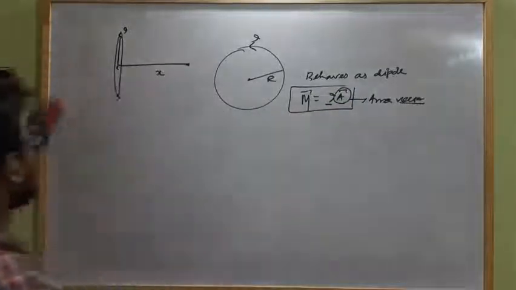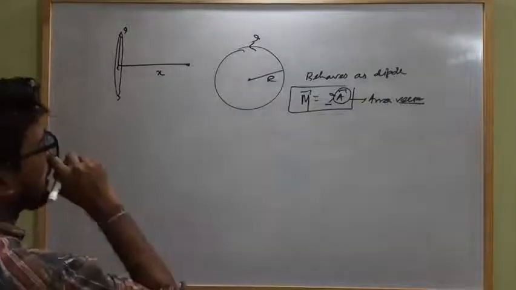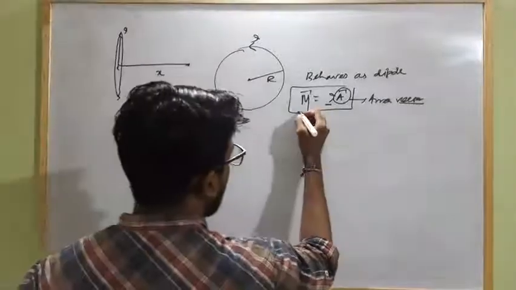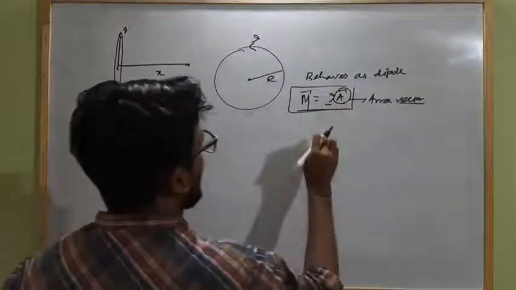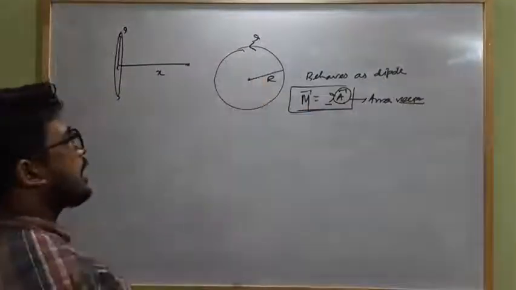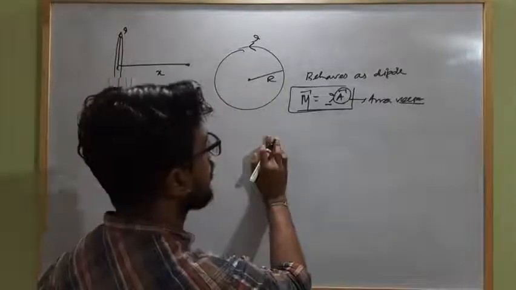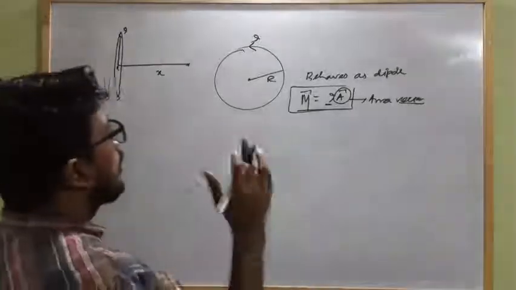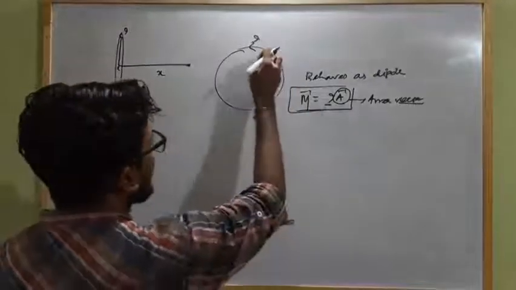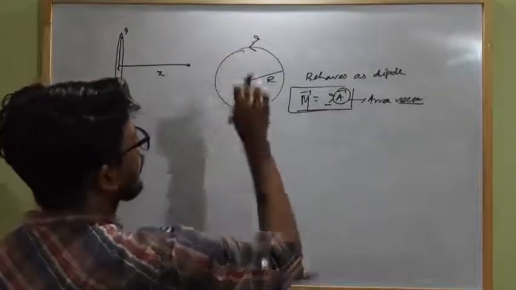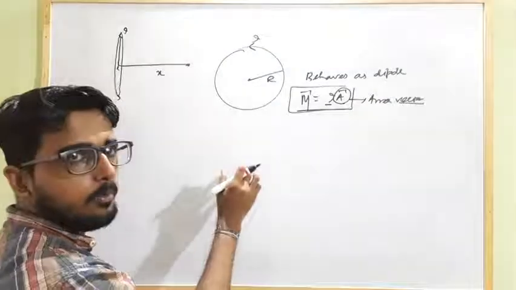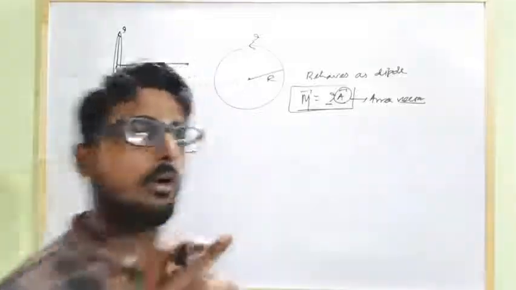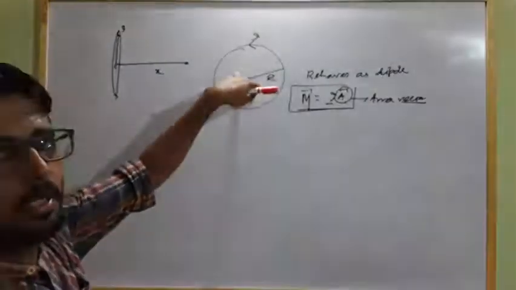So now let's do some numericals based upon this concept, that a circular current carrying coil behaves as a magnetic dipole whose dipole moment is I into A vector. And as this behaves as a magnetic dipole, it must have a north pole and a south pole. So which side of a coil will be the north pole or south pole? Just curl your fingers along the direction of current flowing in the loop. Then the direction of the thumb will show the direction of the north pole of that current carrying coil.